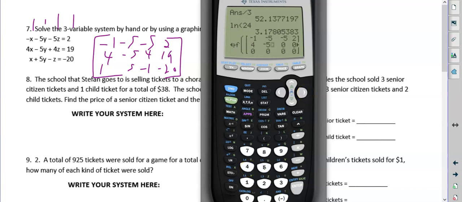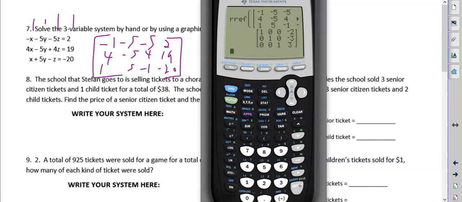Negative 5, arrow over. 4, again, arrow over. 19, arrow over. 1, 5, negative 1. See, my 1 didn't pull up. So I'm going to hit it again. There we go. And negative 20. Now I hit enter.